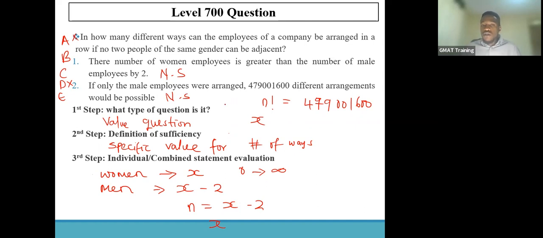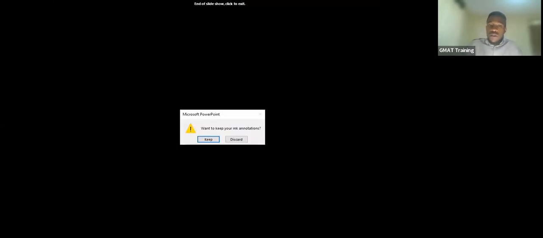So an addition to our definition of sufficiency is that for us to get this specific value of the number of ways, we would need to get the number of men as well as the number of women. Since this statement only gives us the number of men, it's insufficient, because it doesn't give us any means of identifying the number of female employees.